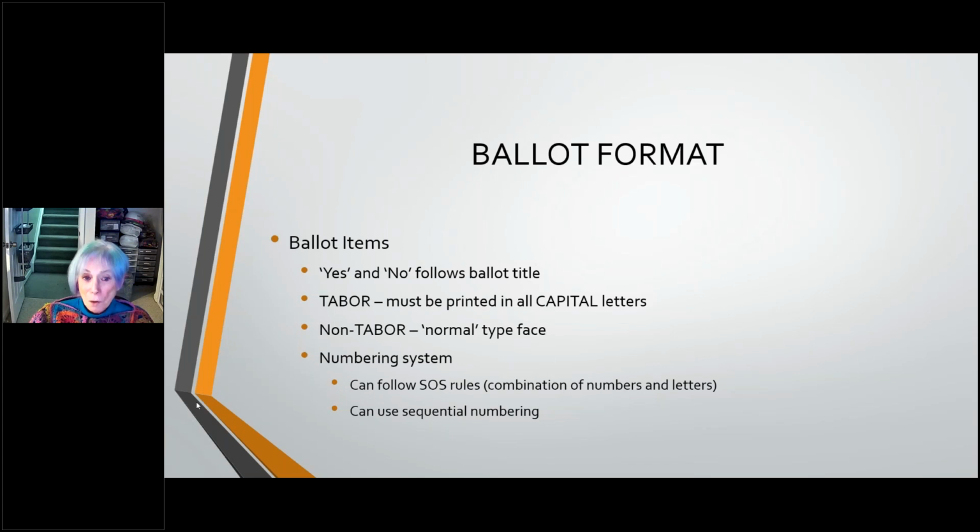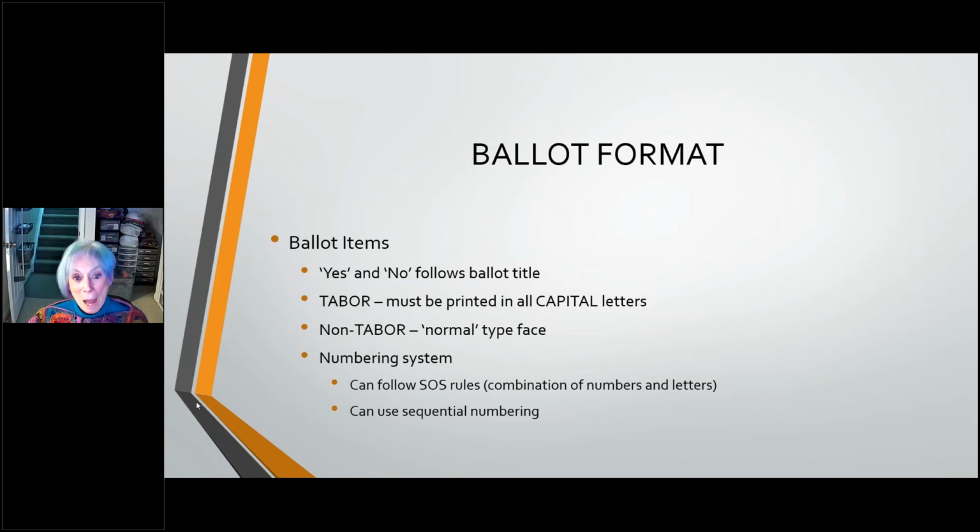Okay. So on your ballot items, you'll have the ballot title, which basically starts with the word "shall" and then whatever the language is. Then you have a line that says yes, and you either do a blank line after that or a circle, or no. If you have a Tabor item, that ballot title needs to scream at you by being printed in all capital letters, and that is a requirement in the Colorado Constitution.